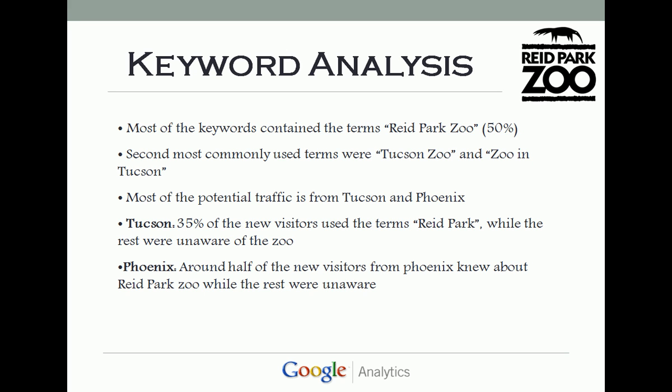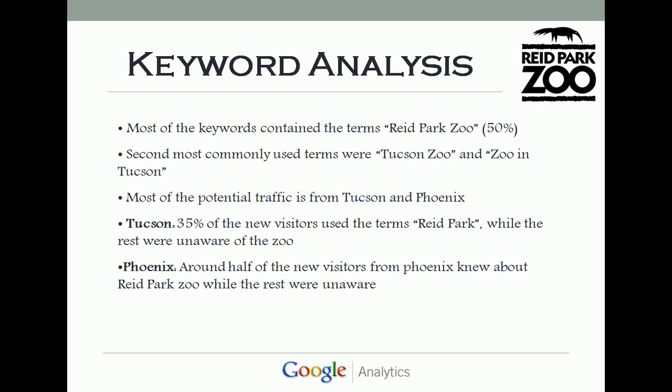Now we do a keyword analysis for which we created a custom report wherein we use dimensions such as the new visitors, the city from which they are visiting, and the keywords they used.